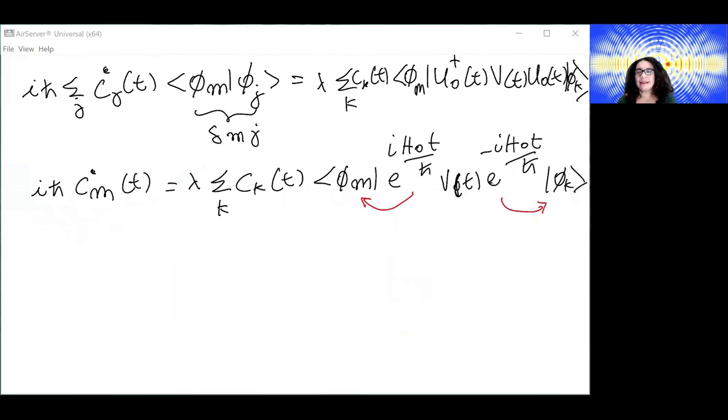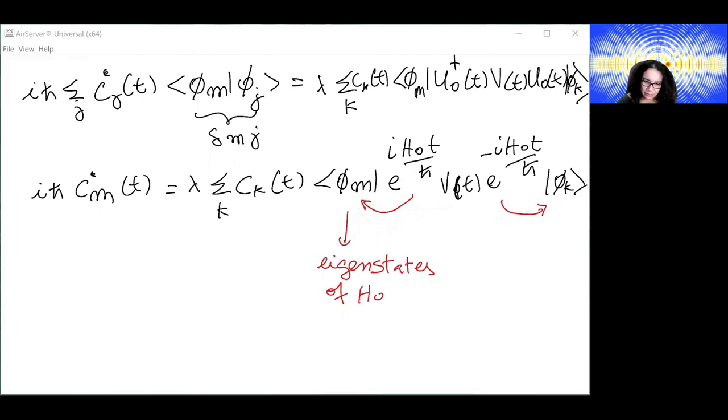Because these are the eigenstates of H naught, when you apply this, you're going to find that U0 dagger, which is the time evolution operator associated with H naught, applied to phi_m to the left, is going to give you e^{iE_m t/h-bar}, where this is an eigenstate of this Hamiltonian, so it's an eigenenergy.